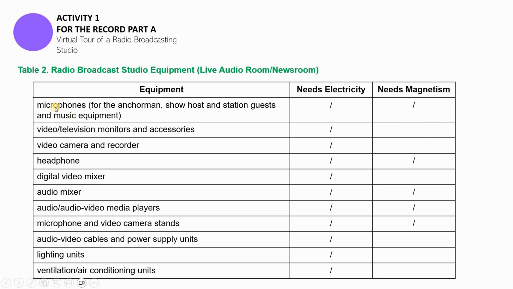So the first ones are microphones, video, television monitors and accessories, video camera and recorder, headphones, digital video mixer, audio and audio video media players, microphone and video camera stands, audio video cables and power supply units, lighting units, ventilation and air conditioning units.